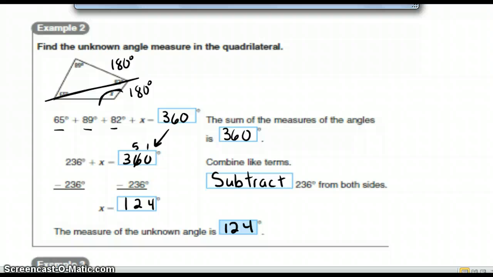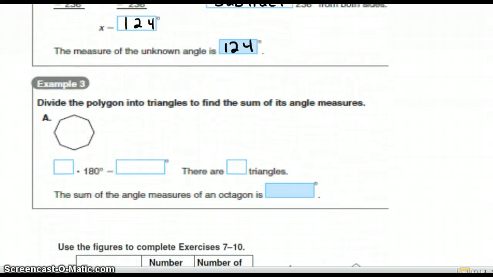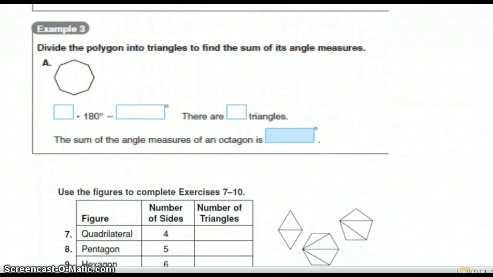So let's look at some other polygons and the size of their angles. All right. Wow, here's a polygon for us. So let's look at this polygon. Let's see how many triangles we have. I'm going to pick one vertex, get my dot there, and draw a line and make a triangle.